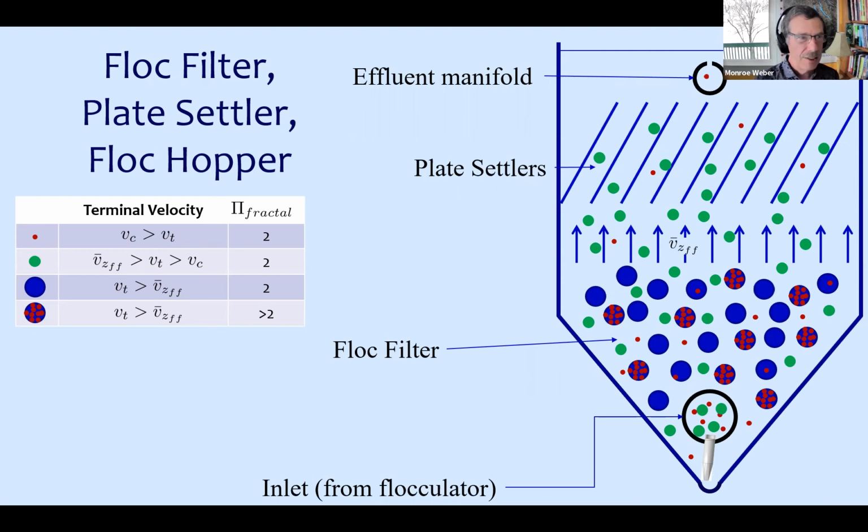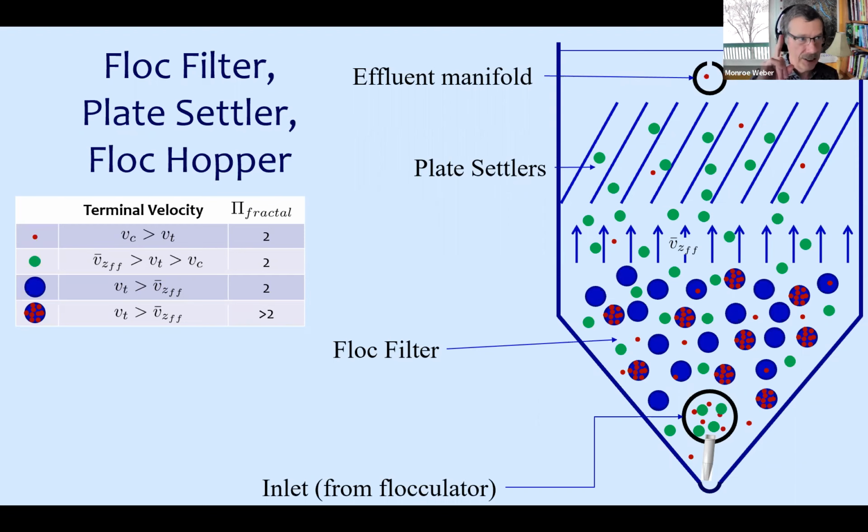I've gone back and looked at some of the data that we have from performance of a system where we were slowly increasing the velocity of the jet, and hence the velocity gradient in the jet, and looking at what actually fails. And the signal that we pick up first from failure is too many flocs or particles coming out from the settled water, going right through the plate settlers.